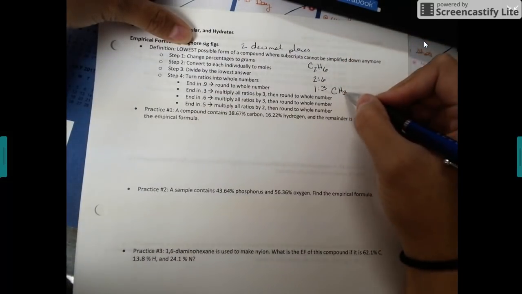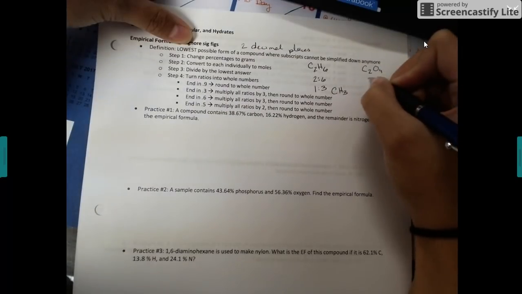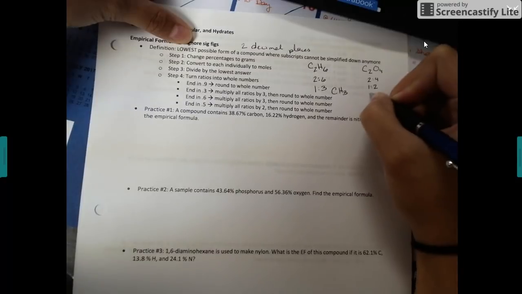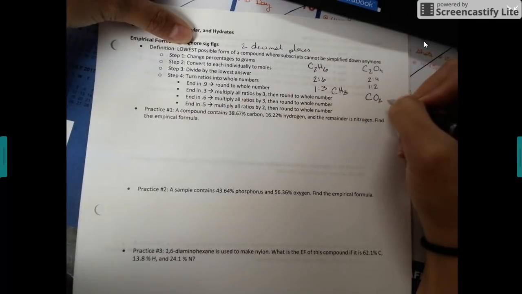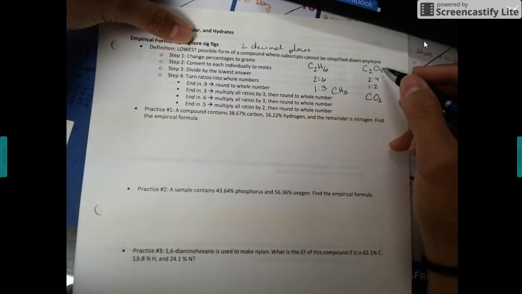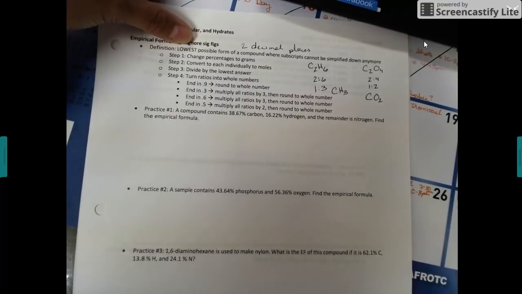The CH3 is the empirical formula because it's the most reduced version. Same way with C2O4. 2 to 4 can be reduced down to 1 to 2. And then we have CO2. So C2O4 is not the empirical formula. It's not reduced all the way down. CO2 is reduced down as far as possible.